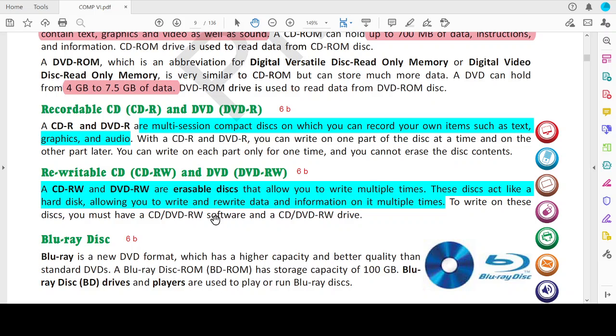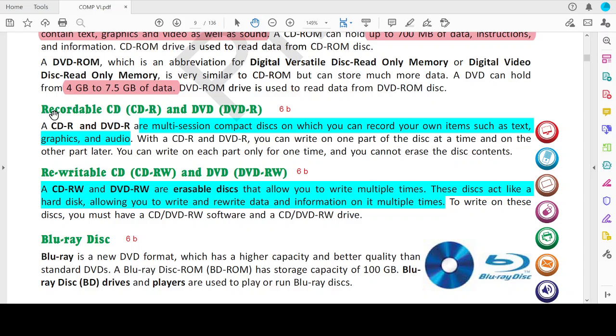You need software installed on your computer to rewrite a CD or a DVD. You need to have a rewritable drive also, that is installed in your CPU cabinet or the system unit of the computer, right?